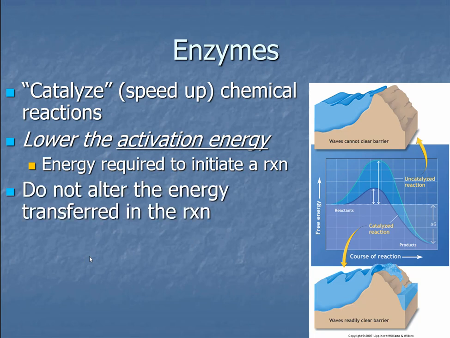And another key point about enzymes, they don't alter the amount of energy that's transferred. They just speed up the chemical reaction. And most enzymes are going to end with the suffix ASE. So if you see a word in your anatomy or physiology textbook that ends in ASE, it's likely an enzyme.